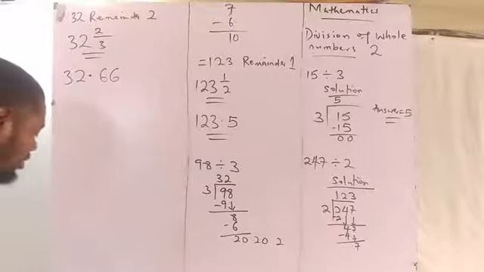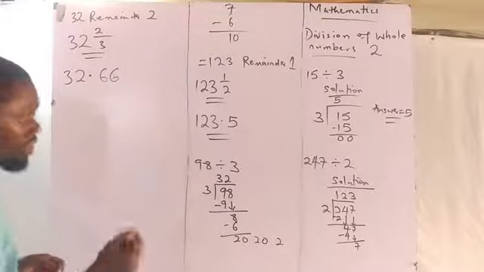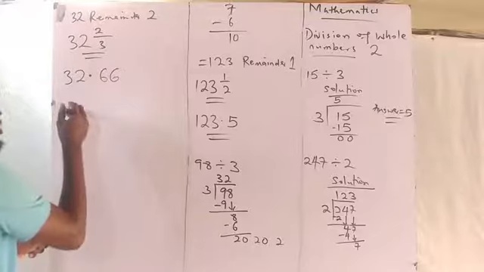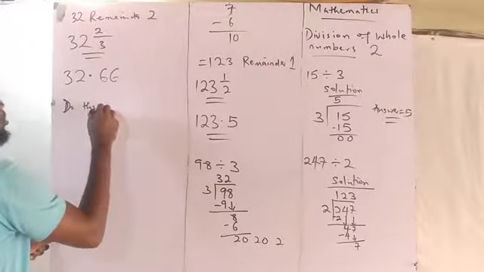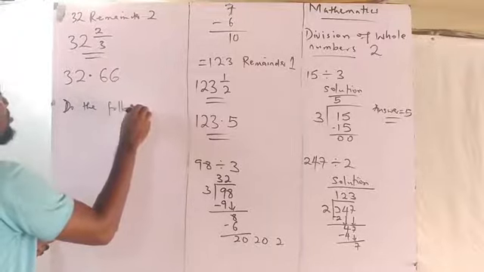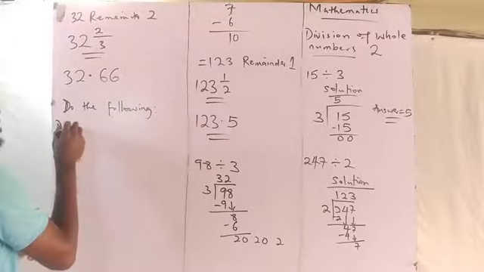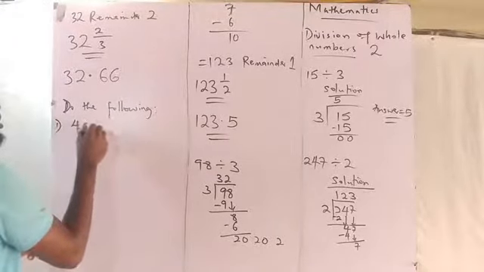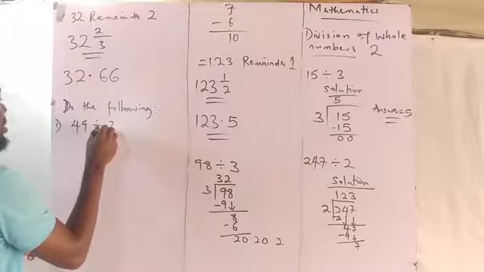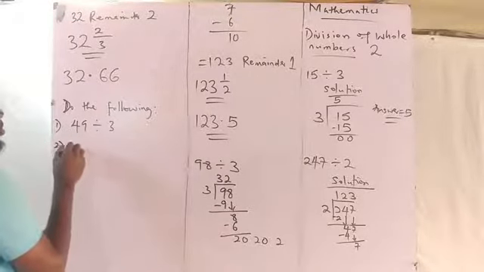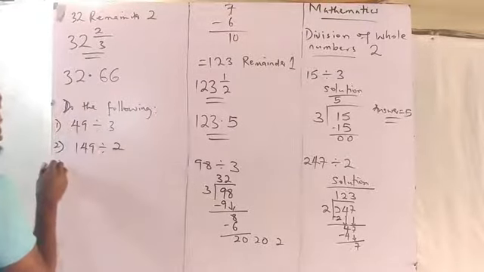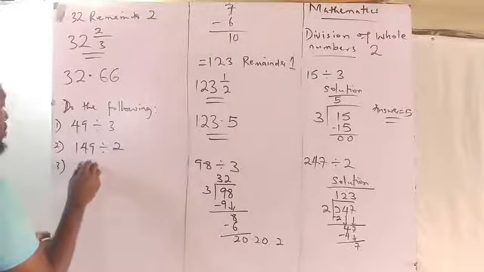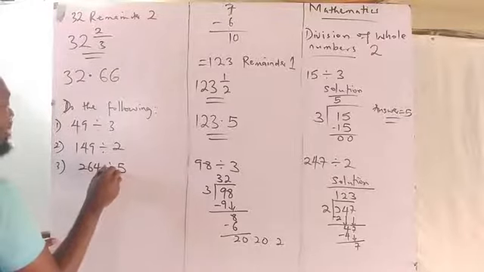Now you do this yourself. Use the two methods to solve these. Do the following: 149 divided by 3, 149 divided by 2, and 264 divided by 5.